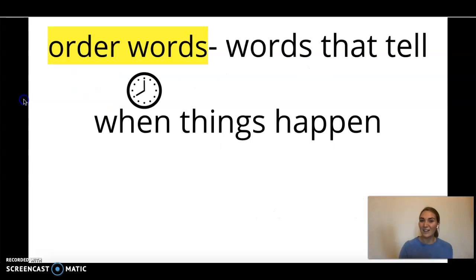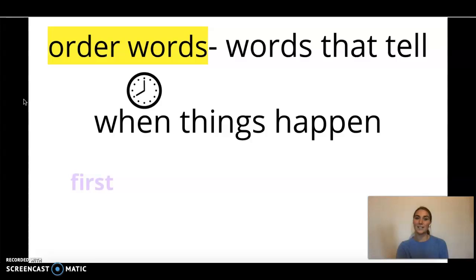So, let's investigate how we can use order words today. You say it, order words. Order words are words that tell when things happen. Can you think of some order words that you have used before?